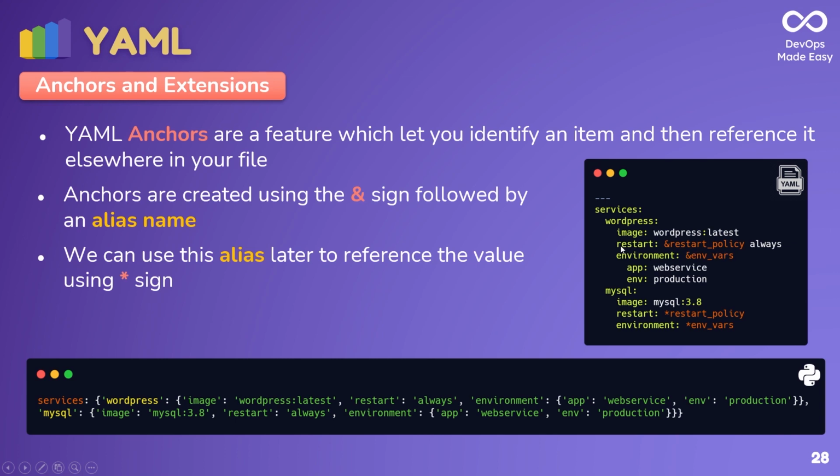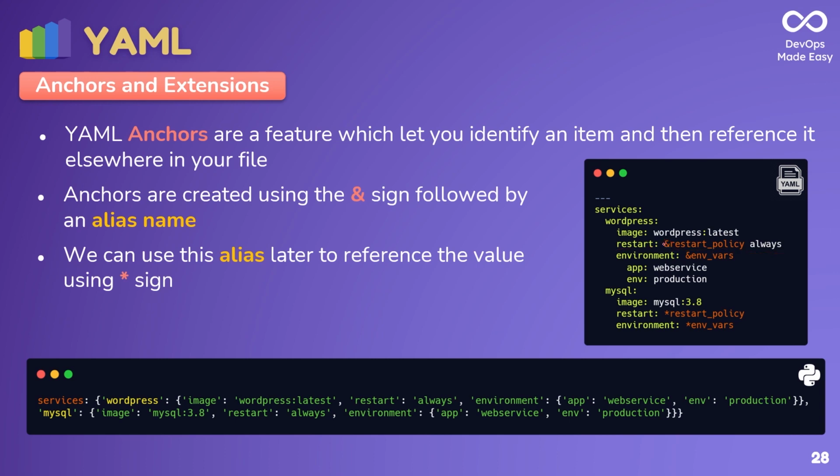If you see here, restart colon always. If I remove this restart policy value, it is simply restart colon always. I want to use this key value, restart as a key and always as a value, in multiple areas. So for this restart colon, I'm giving it a name, restart policy, and anchoring it with ampersand.